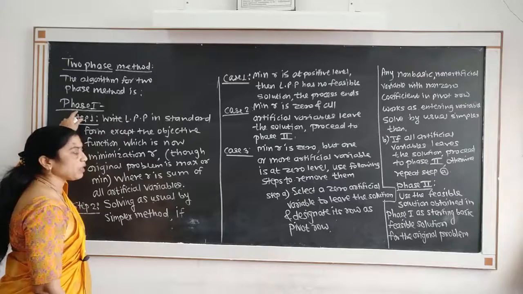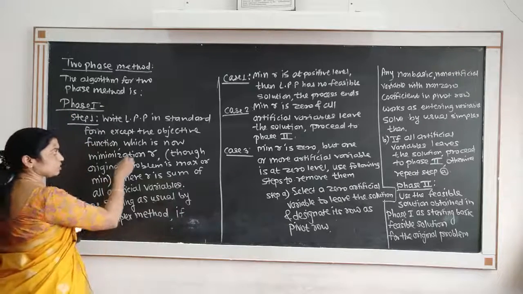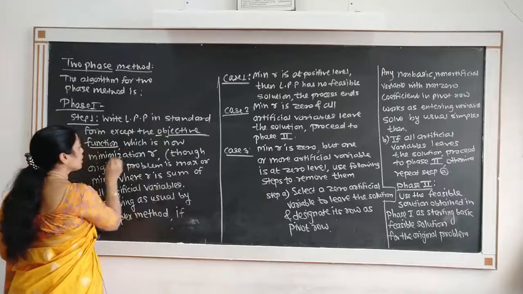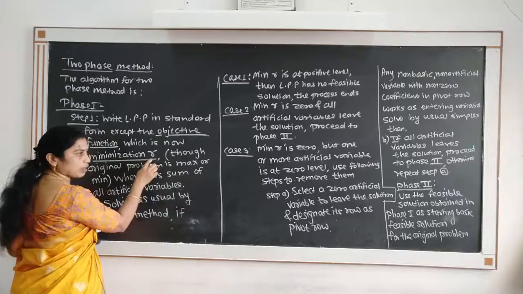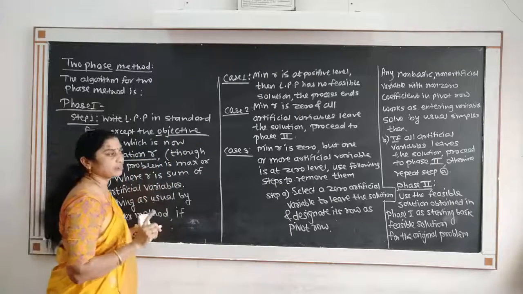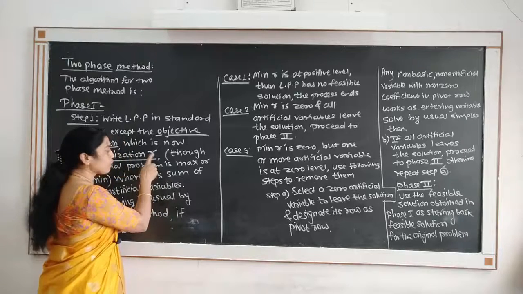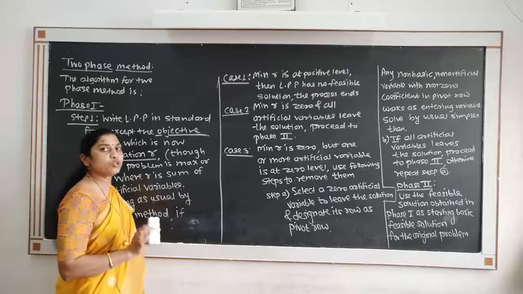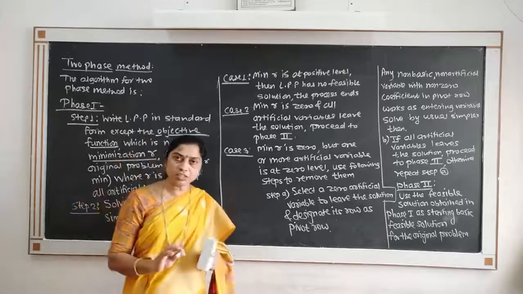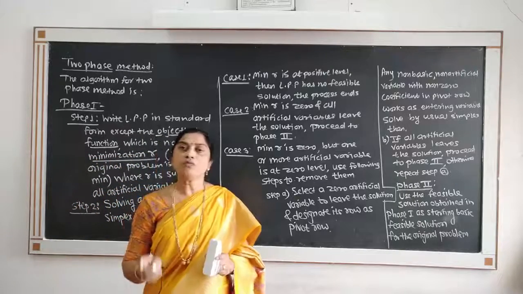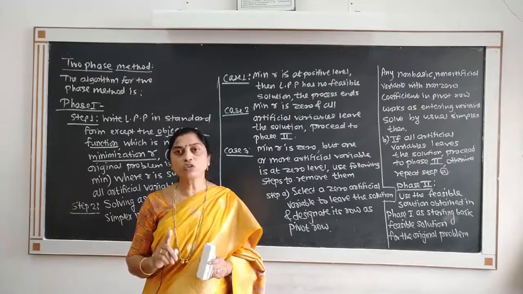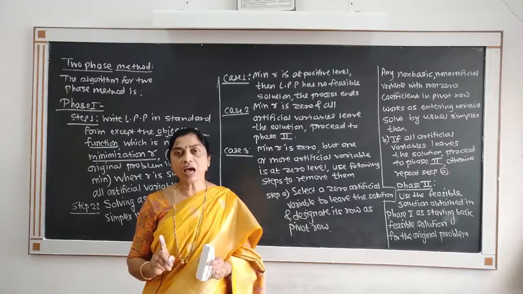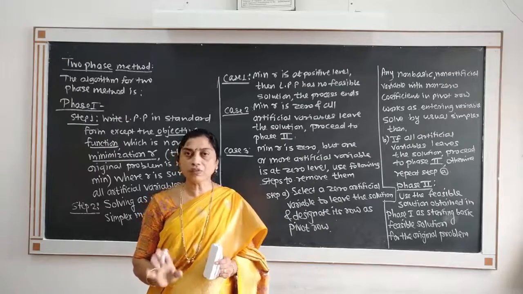In phase 1, the only difference is that now onwards the objective function is always minimization R instead of Z. Now we are using the variable R, where R is sum of artificial variables. So though the problem is maximization or minimization, we always consider the objective function as minimization of R, where R is sum of artificial variables.